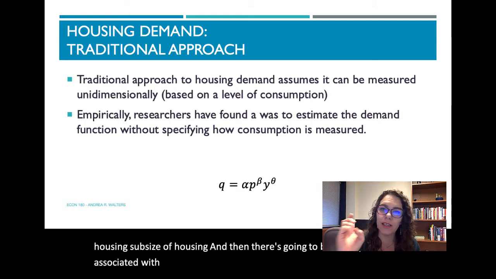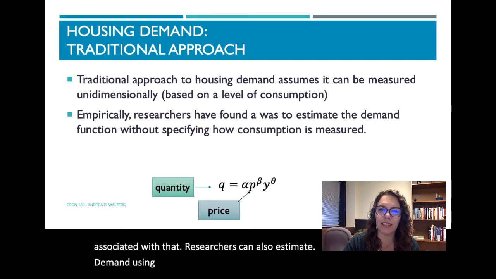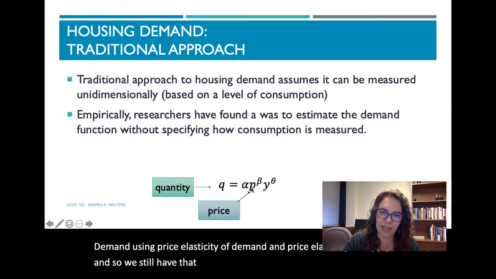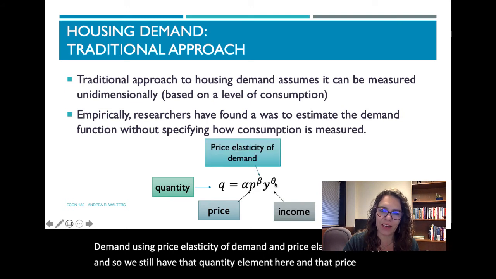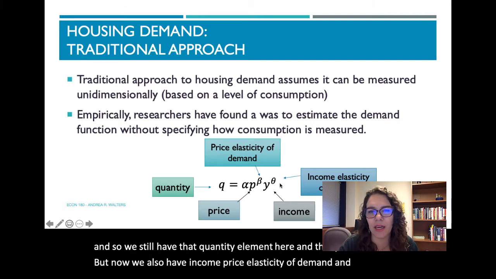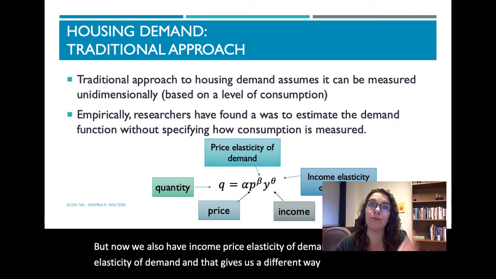Researchers can also estimate demand using price elasticity of demand and price elasticity of supply. So we still have that quantity element and that price element, but now we also have income, price elasticity of demand, and income elasticity of demand. That gives us a different way of measuring housing consumption.